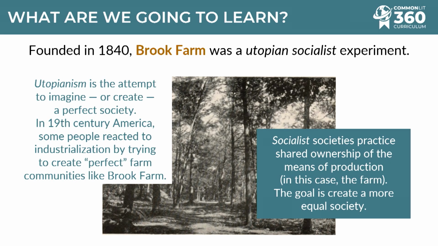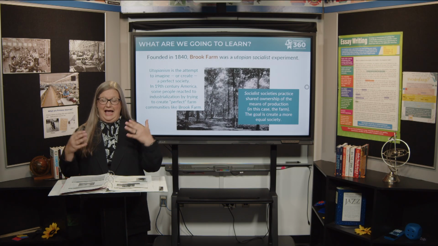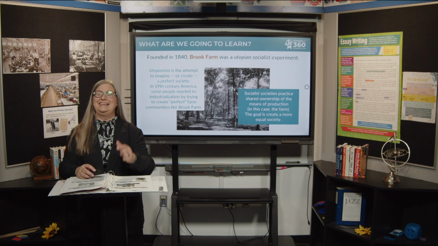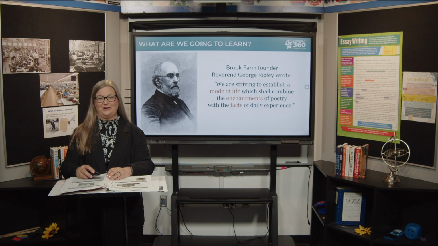Socialist societies practice shared ownership of the means of production, in this case, the farm. The goal is to create a more equal society. So, how does that work? Or does it work? We're going to learn about that today in this article.